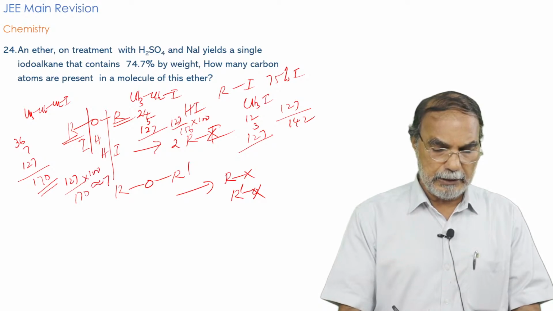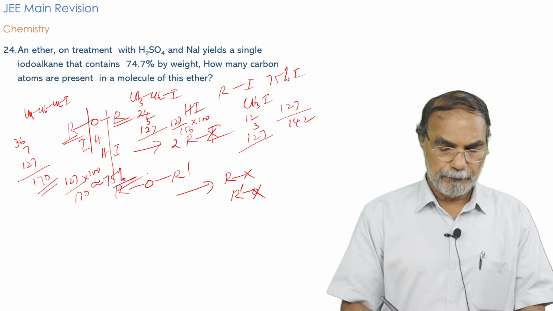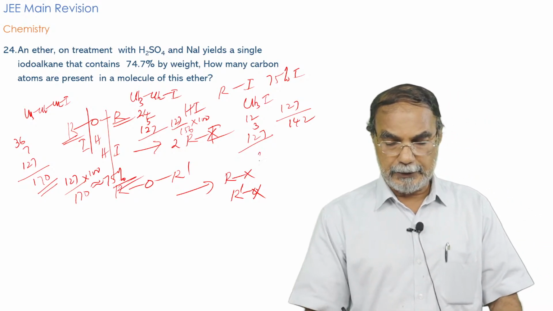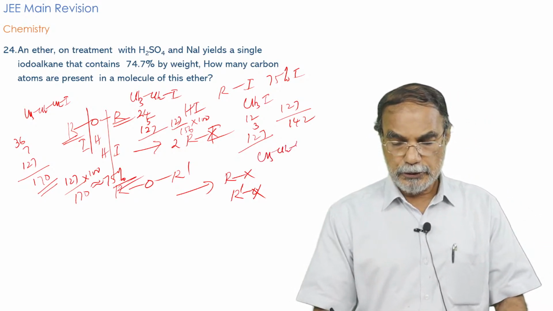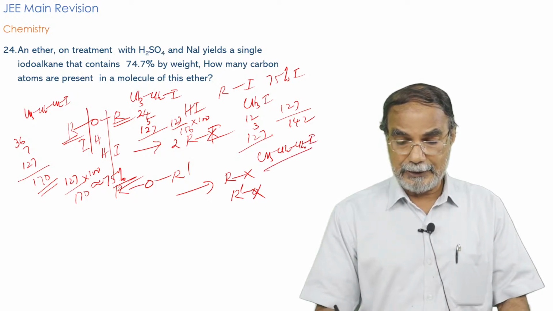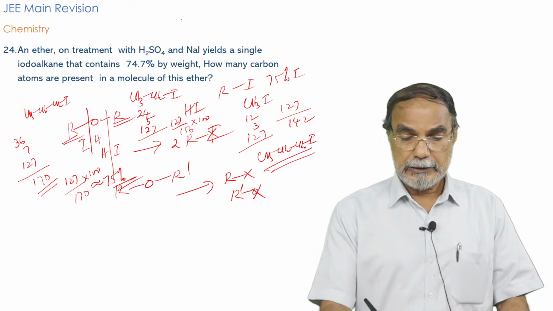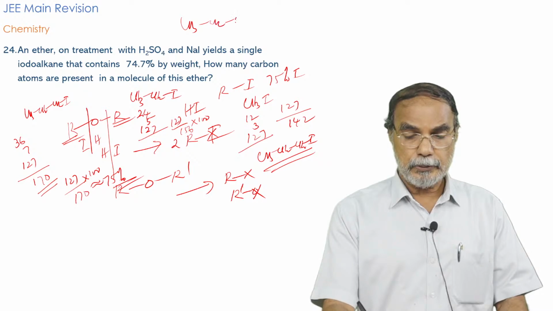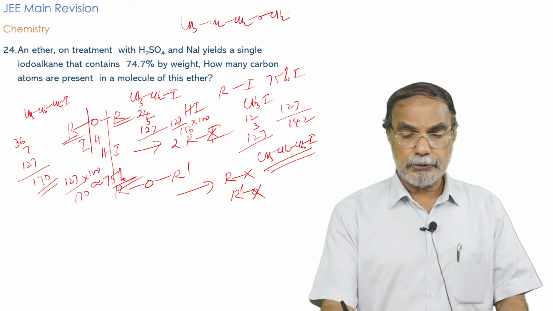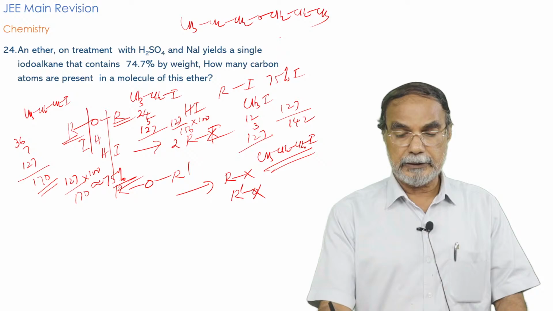And this is about 75%, which means the alkyl iodide is CH3CH2CH2I, and therefore the ether is CH3CH2CH2OCH2CH2CH3.